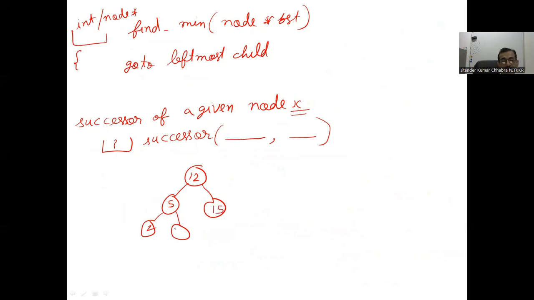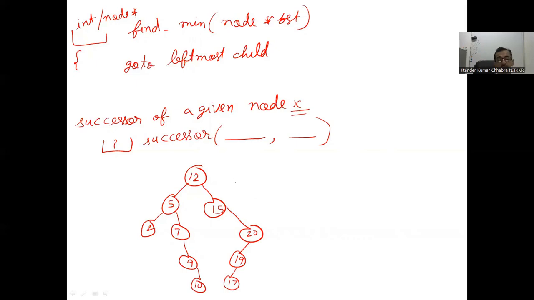So from 5 I have 7. From 7 I have 9. And from 9 I have, let's say, 10. And from 15, sorry, let's say I have 20 here. From 20 I have, say, 19. From 19 I have, let's say, 70.